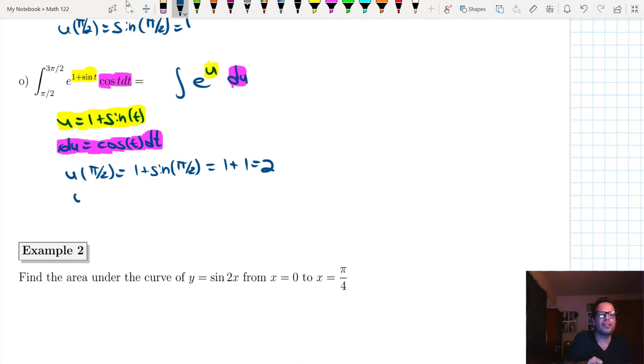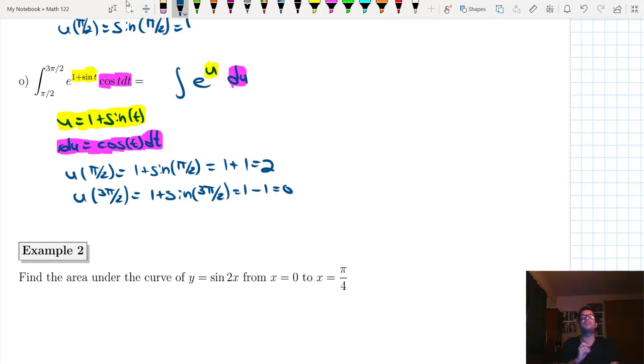And then u evaluated at the upper limit, 3 pi over 2, is 1 plus sine of 3 pi over 2. Sine of 3 pi over 2 is -1. So 1 minus 1 is 0.